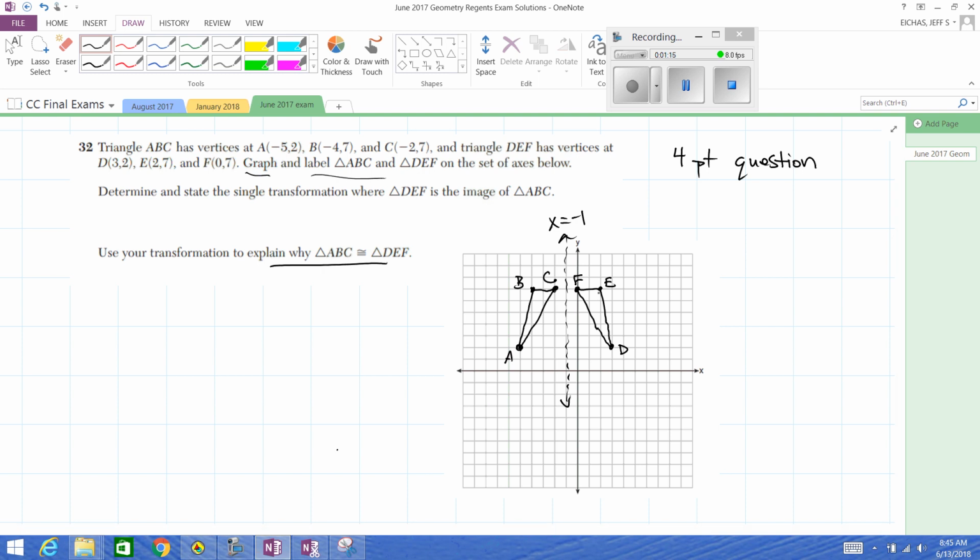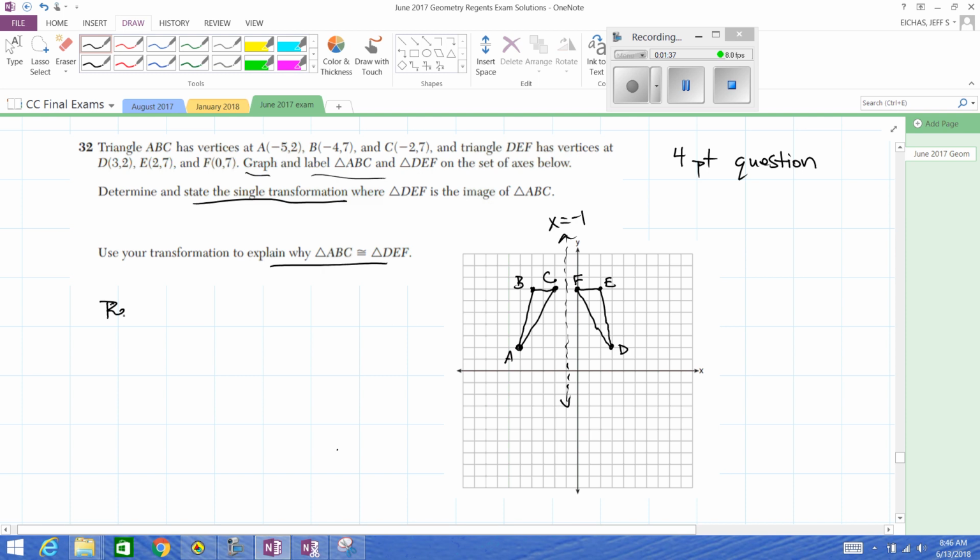The orientation, everything kind of suggests it was a line reflection. So state the single transformation. We can do this in explanation or in algebraic notation, or there are a lot of ways. So I'm just going to explain it.